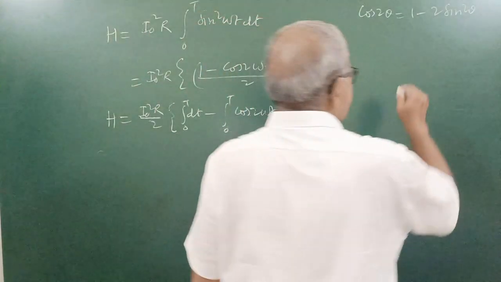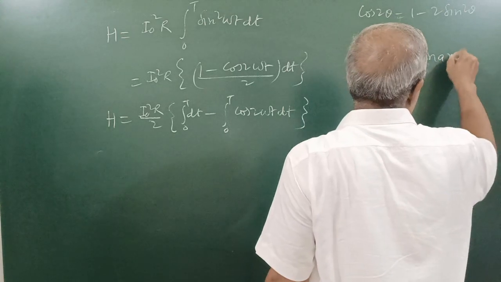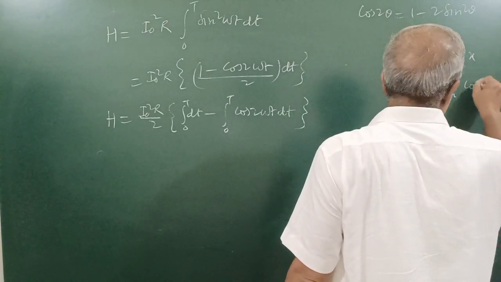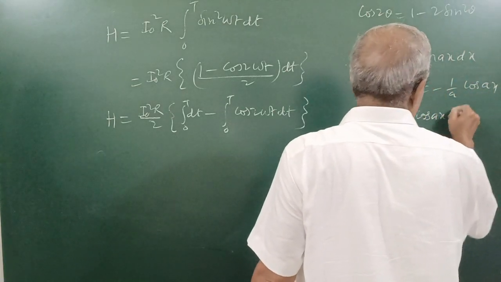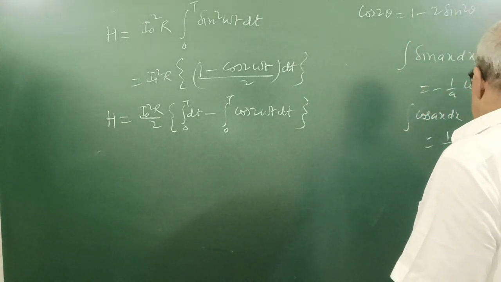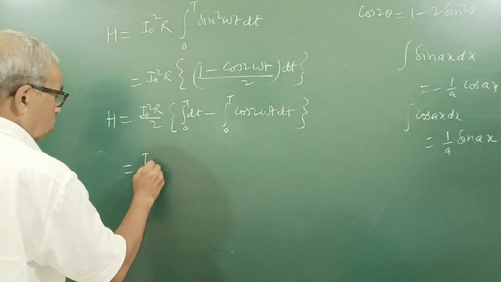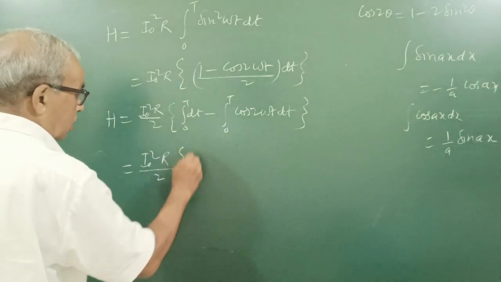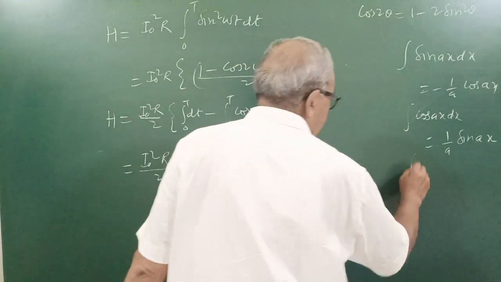There is a formula: integration of sin ax dx is equal to minus 1 upon a cos ax, and integration of cos ax dx is equal to 1 upon a sin ax. So this will be I0 square R upon 2 times t, with limit 0 to T, since it is integration of dx.